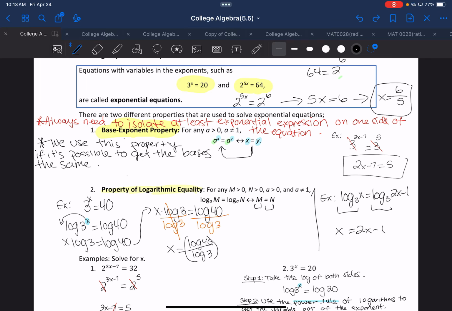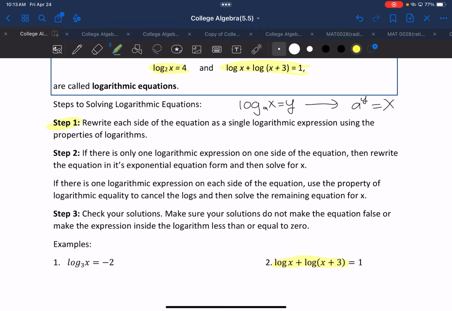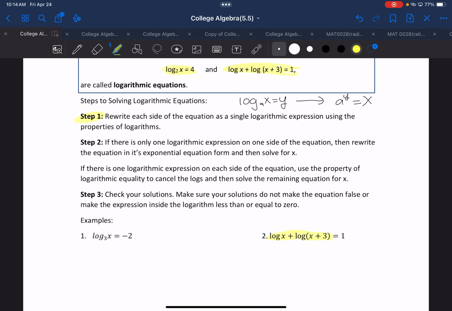All right. So step 1 says to rewrite each side of the equation as a single logarithmic expression using the properties of logs. So if I have something like this example here that has two log expressions on the left and they're being added, I could combine those into one single log using, do we remember what property?